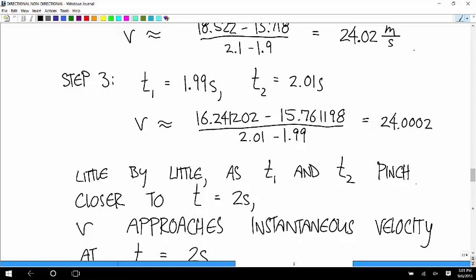If we chose our positive direction to be that way, then if the slope is positive, it means it's moving in that direction. If the slope is negative, it's moving in that direction. And if it's 0, it's instantaneously at rest. The absolute value tells you how fast it's moving at that instant, right? Exactly.